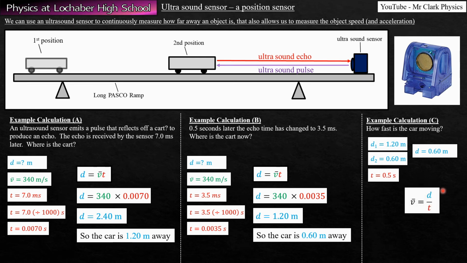We have our equation as before, we stick in our values, and we can work out the value of the speed of the car. Notice this is not the speed of sound, that's not the speed we used in these previous calculations, because that was talking about the sound wave moving. Here we said, we know the car was there, we know it was there afterwards, and we work things out from there.